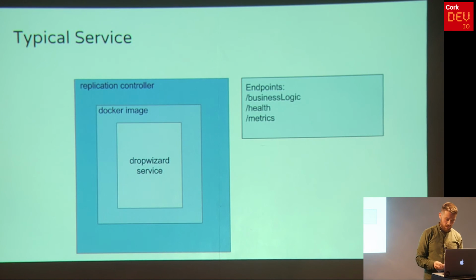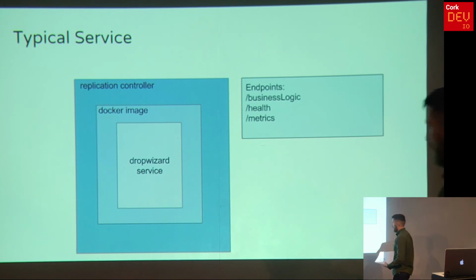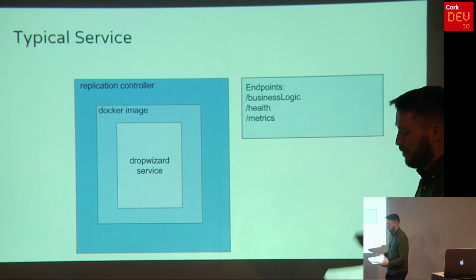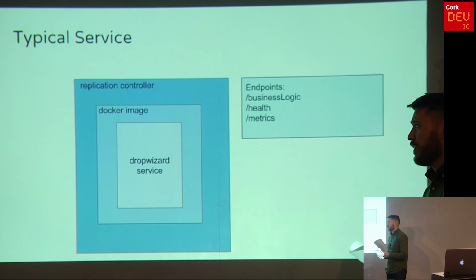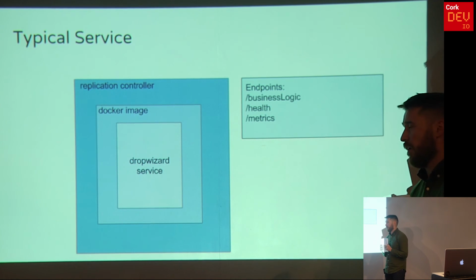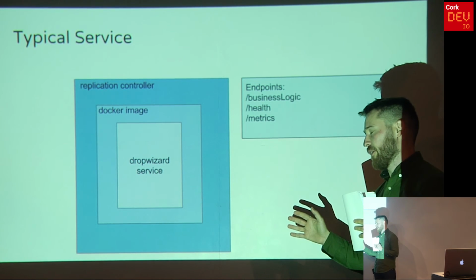Okay, so this is what a typical service for us looks like. As I mentioned previously, we create a Dropwizard jar, and that is packaged in a Docker image as part of our build process. When we're deploying, these are deployed inside a replication controller.